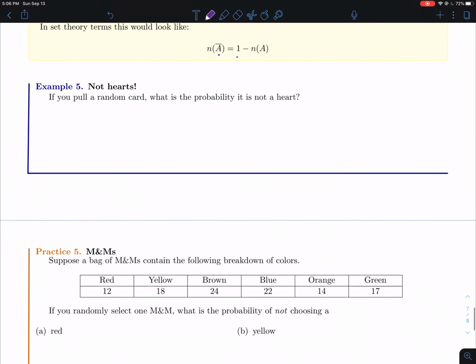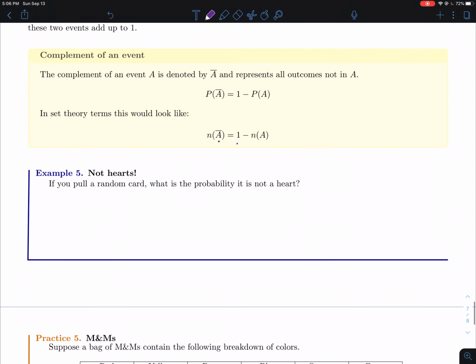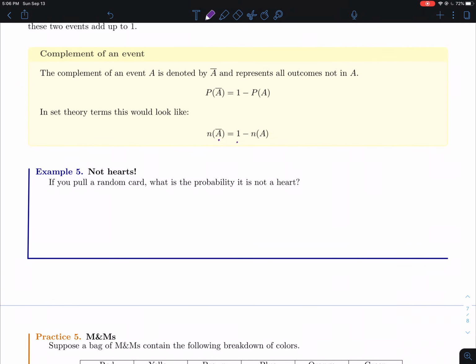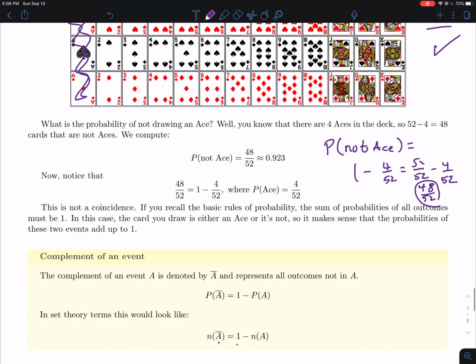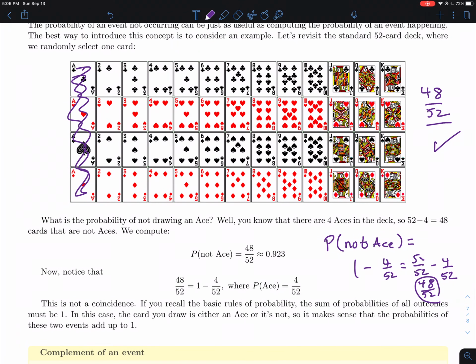All right, let's look at an example here real quick. If you pull a random card, what's the probability it is not a heart? So we're trying to figure out the probability of not heart. Again, there are two different ways you could do this. You could go up to this table, let me erase all this stuff, and strike through all the hearts here, get rid of these, and count everything else.